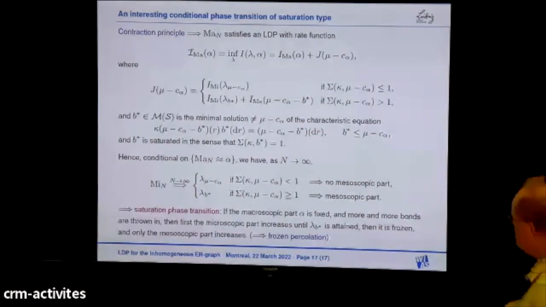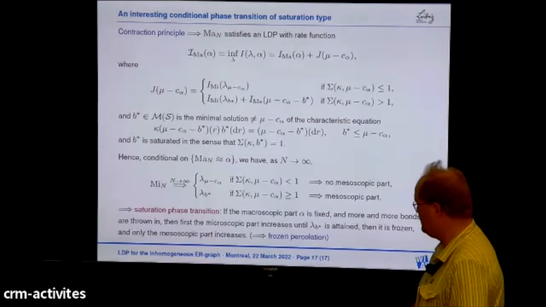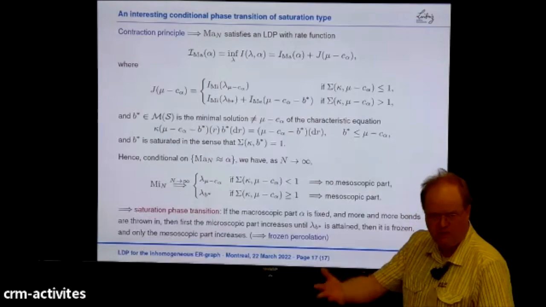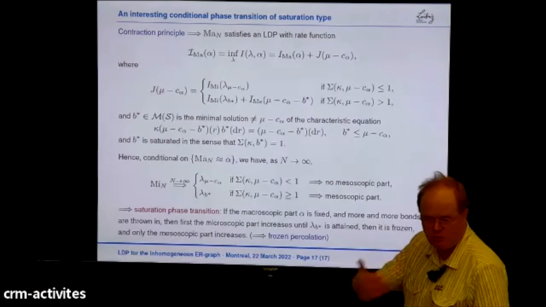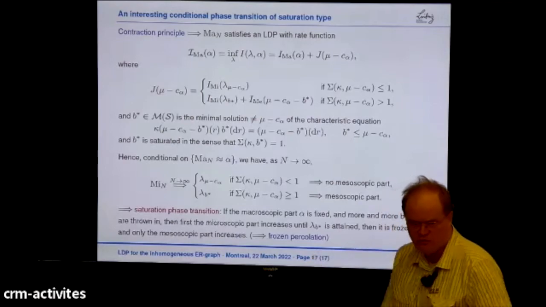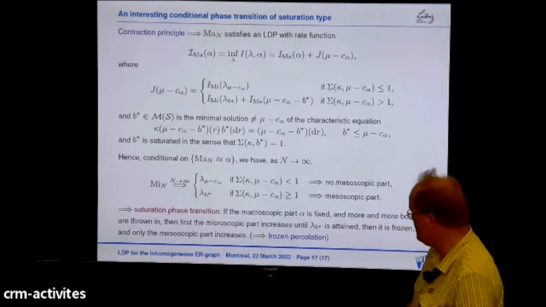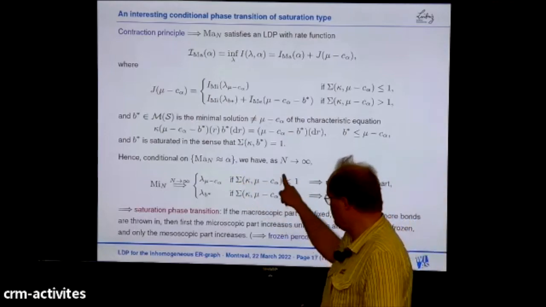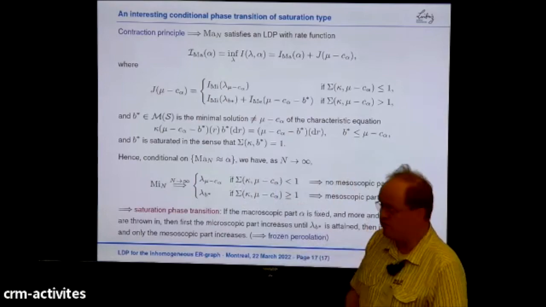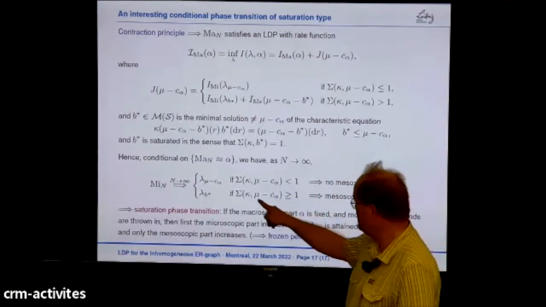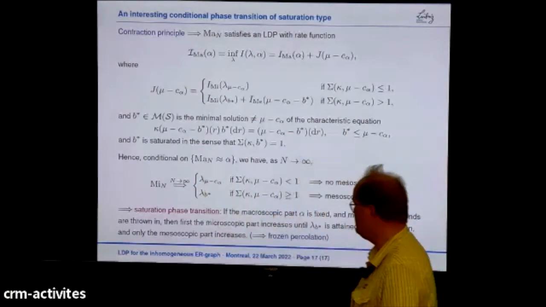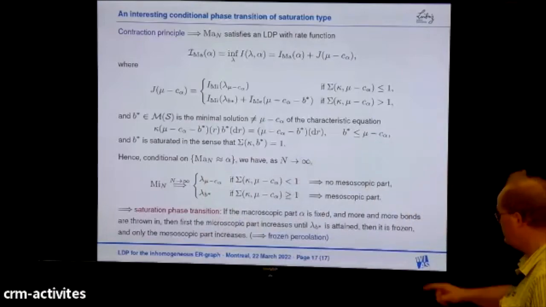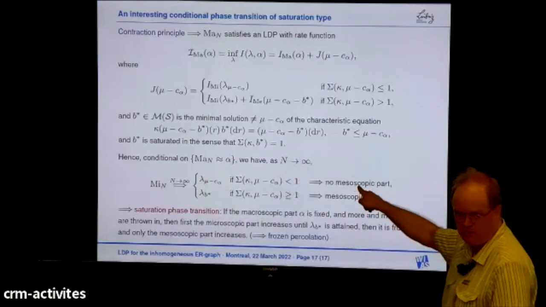Now you throw in your particles, make n to infinity, and throw in more and more particles. So there's a parameter which increases in the number of particles. And if the corresponding sigma, which is increasing in the number of particles, is smaller than 1, then you have just the microscopic distribution, and there's no mesoscopic part, by the way.